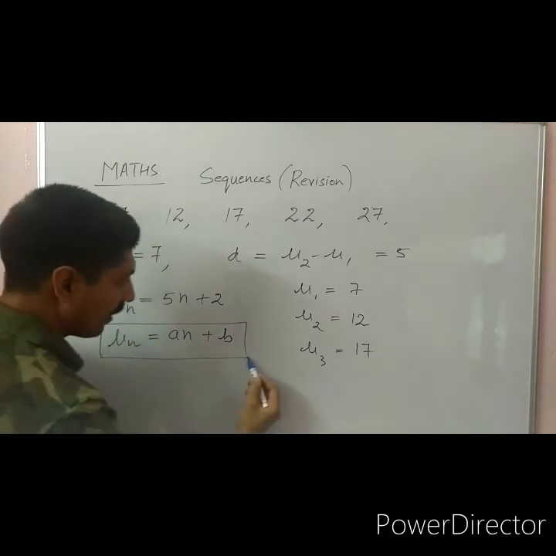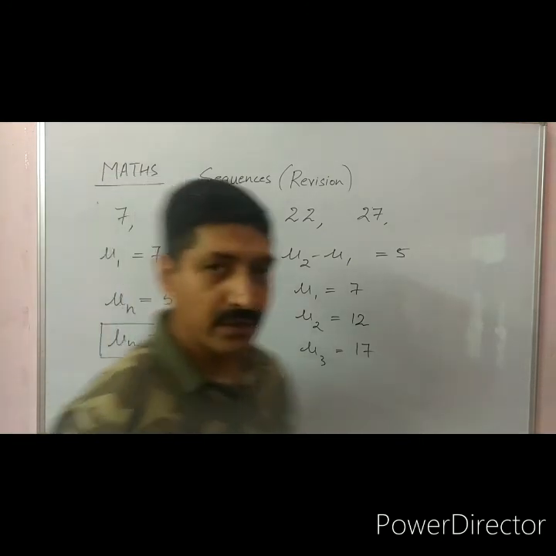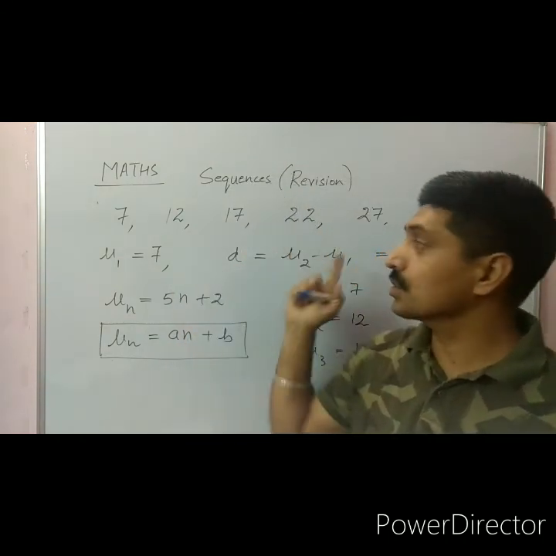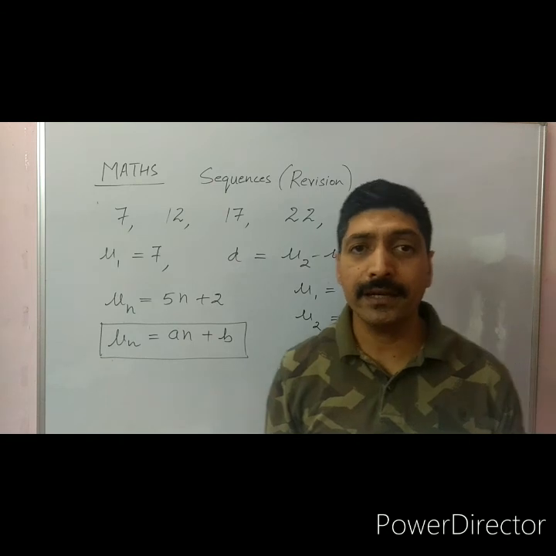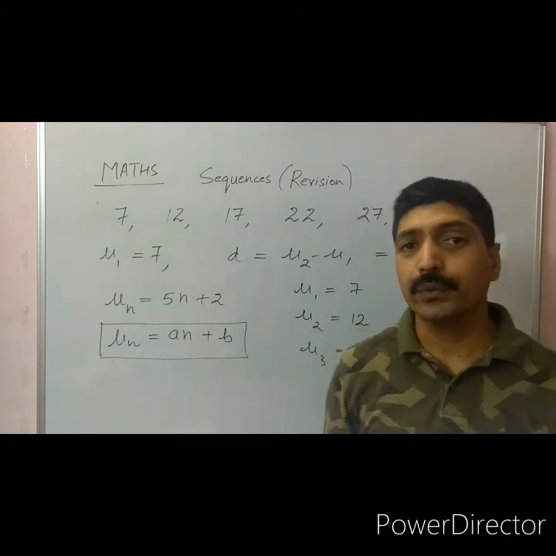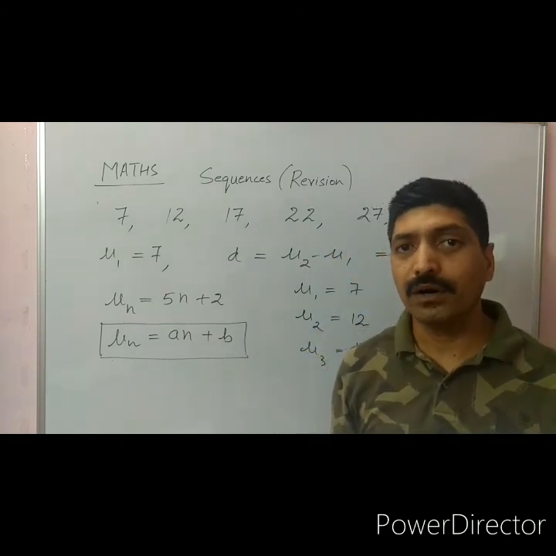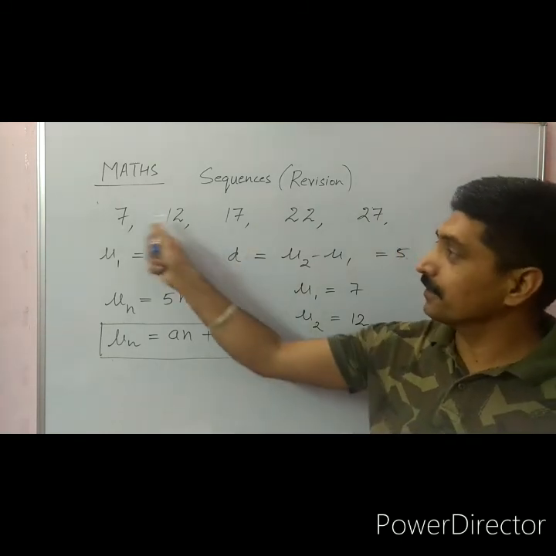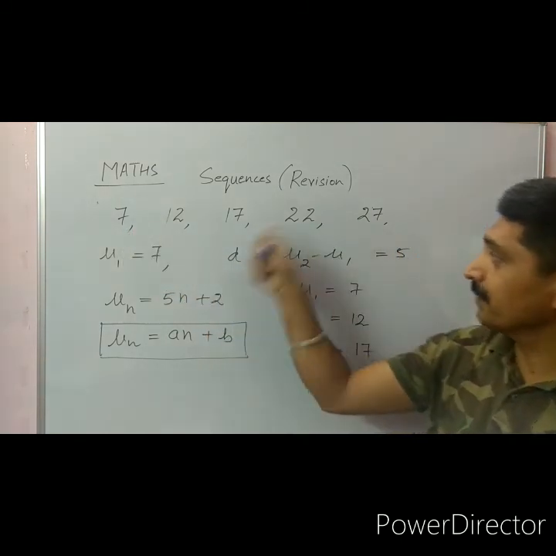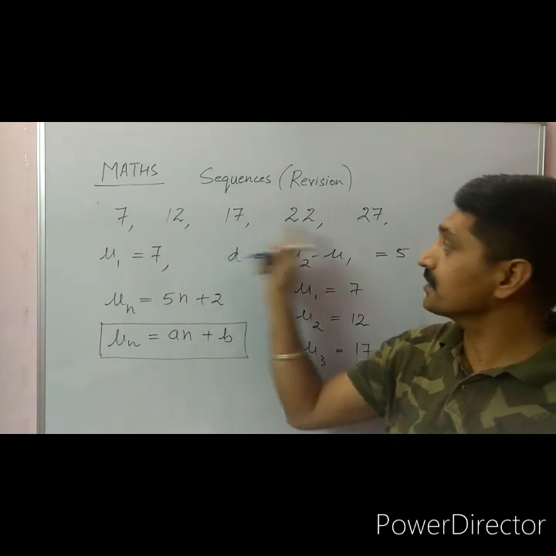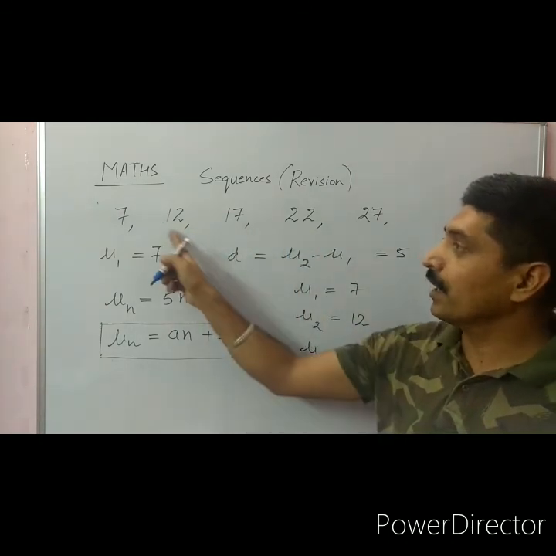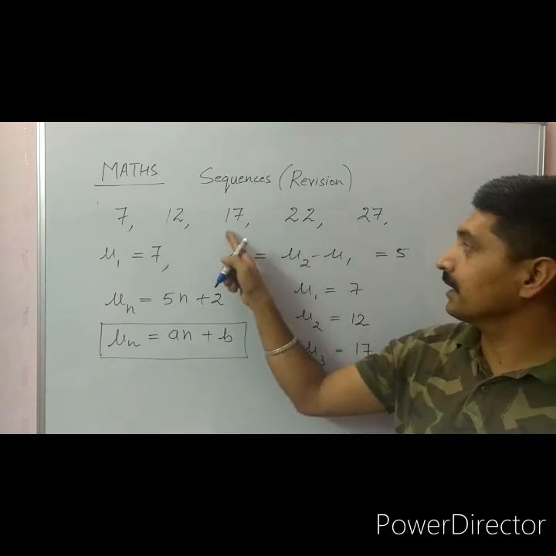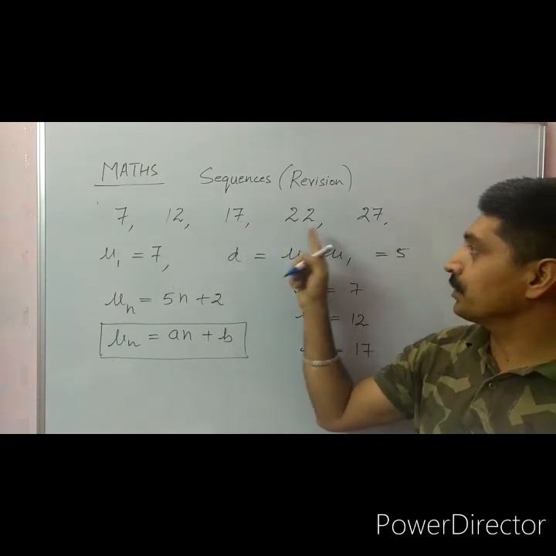After this, if we have more complex sequences, we can go ahead with the quadratic and cubic rules. We will check the difference. In an arithmetic sequence, the difference remains the same: 12 minus 7 is 5, 17 minus 12, 22 minus 17, 27 minus 22.